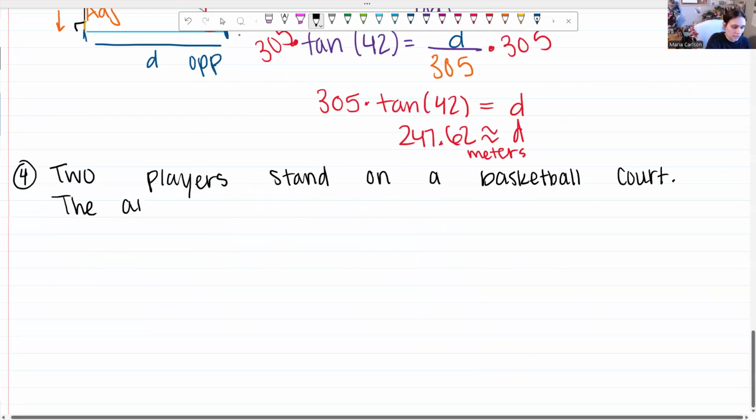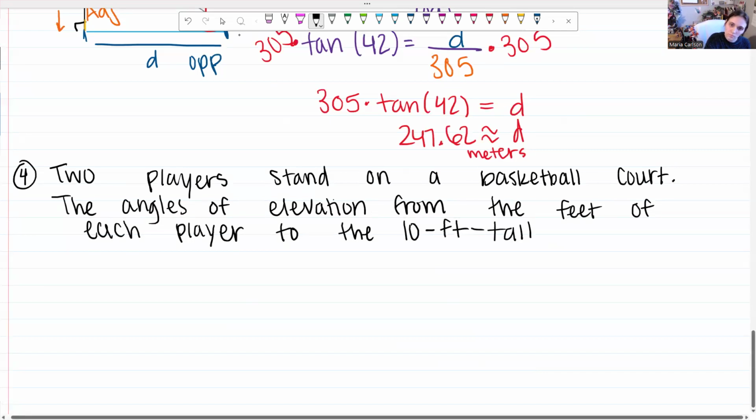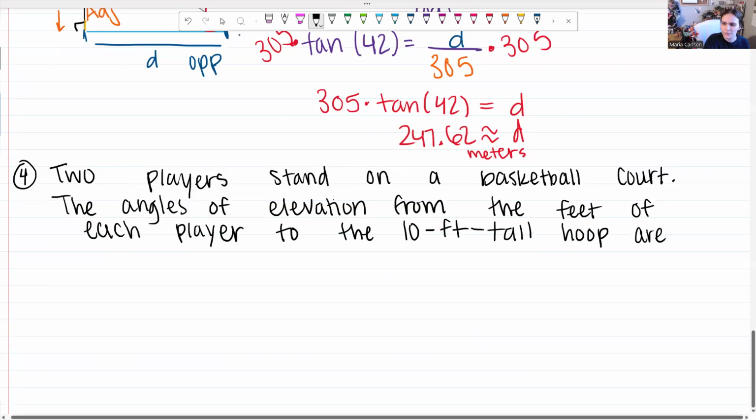The angles of elevation from the feet of each player to the 10-foot tall hoop are 40 degrees and 50 degrees. How far apart are the two players?